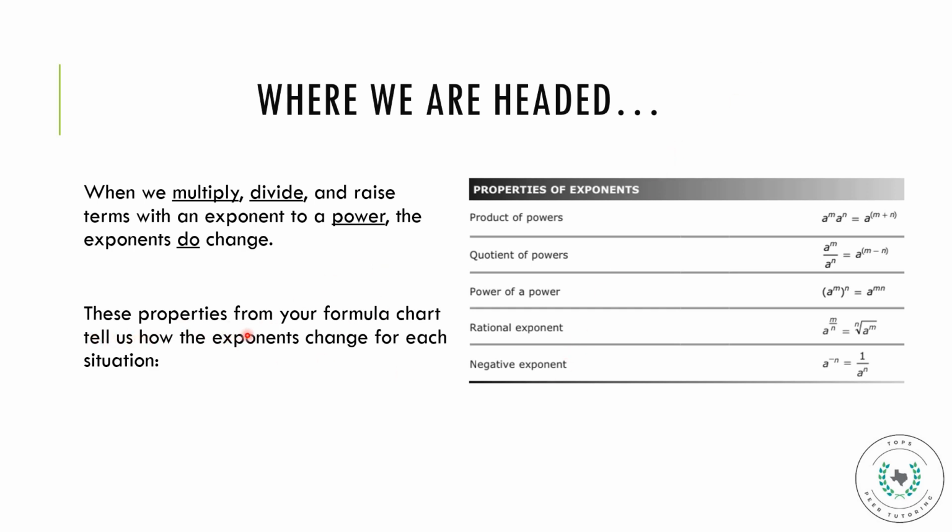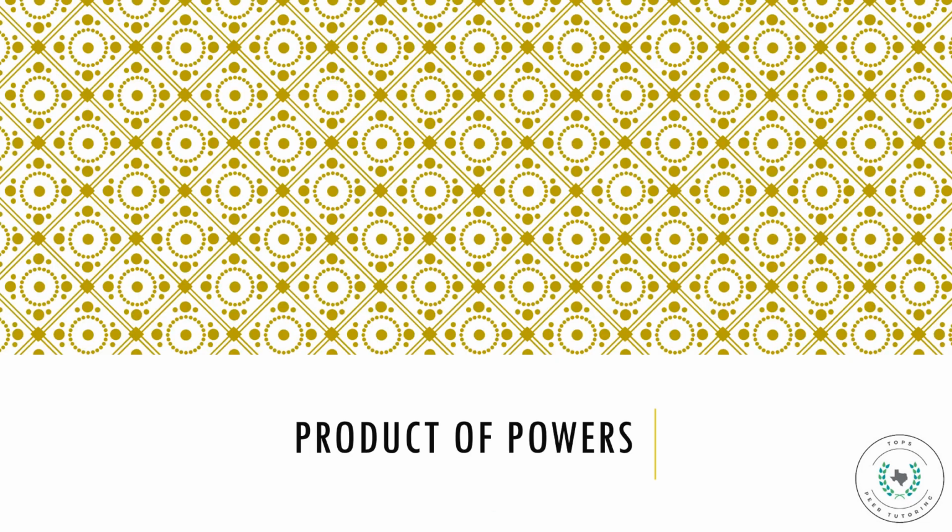Now, these properties from your formula chart will tell you how the exponents change for each situation. This chart is actually the same one you will get on a STAAR or EOC test formula sheet. So if you're taking your Algebra 1 EOC, you should have this chart. And it has some of the exponent rules or properties of exponents on it, which will be really useful.